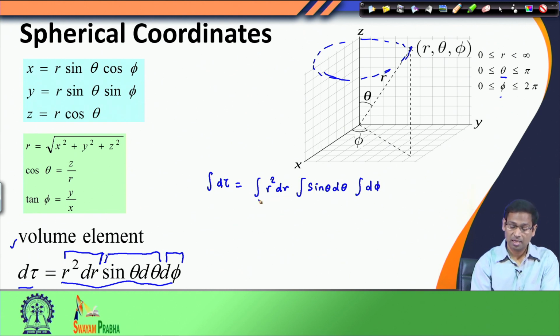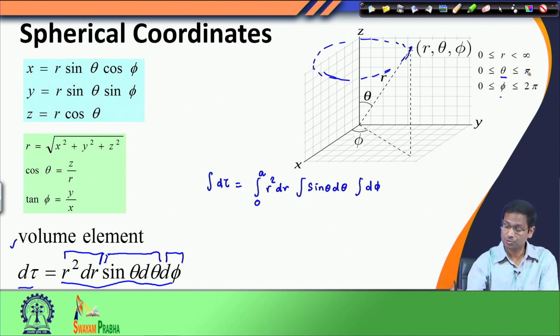For r square dr, suppose I am considering a sphere of some radius, let us say a. Of course, it can go to infinity, but I am talking about a fixed value of a. So, this limit goes from 0 to a.